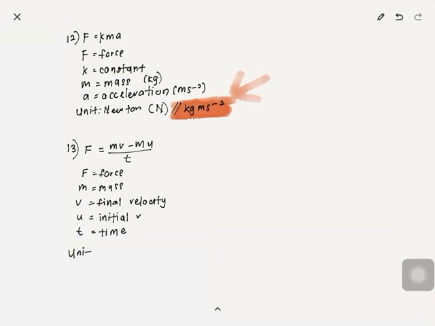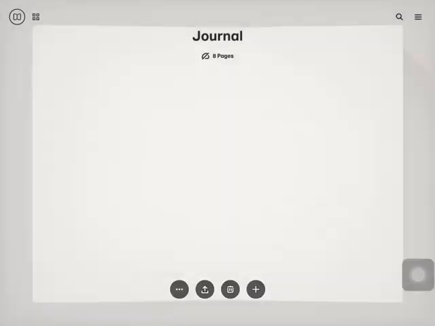The unit for force is also Newton, or kg m s^-2. So it does not matter which type of force it is, the unit is always Newton.